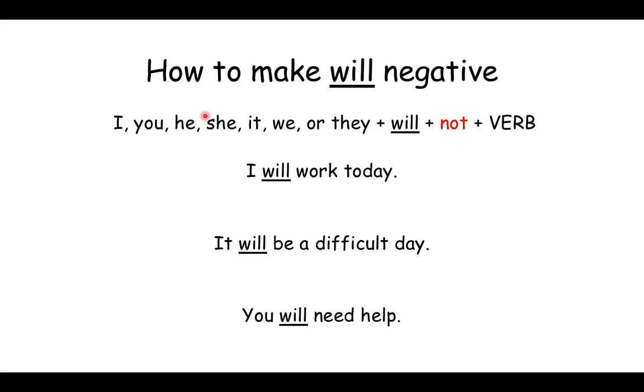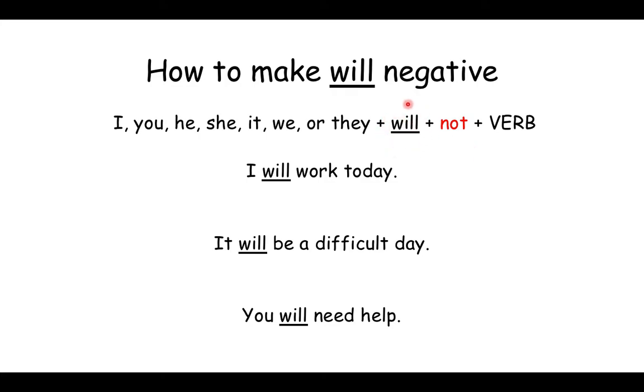So it's really easy. If you're talking about something happening, it's the subject, which is I, you, he, she, it, we, or they, or my mother, or my father, or the bus. If it's a person or a thing, that's what comes first.